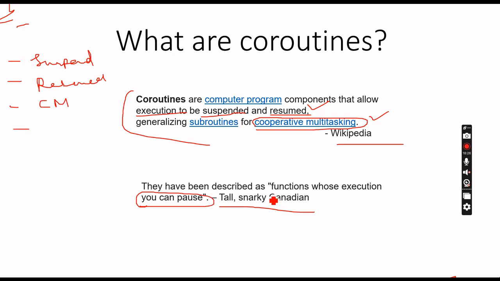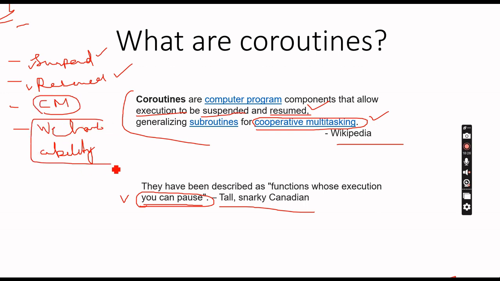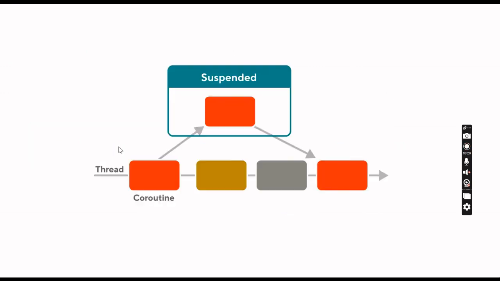We have the ability to pause them, to suspend them, and to resume them. So these are the four takeaways: coroutines are programs whose execution can be suspended and resumed, which work on the principle of cooperative multitasking, and we can pause, suspend and resume their execution.